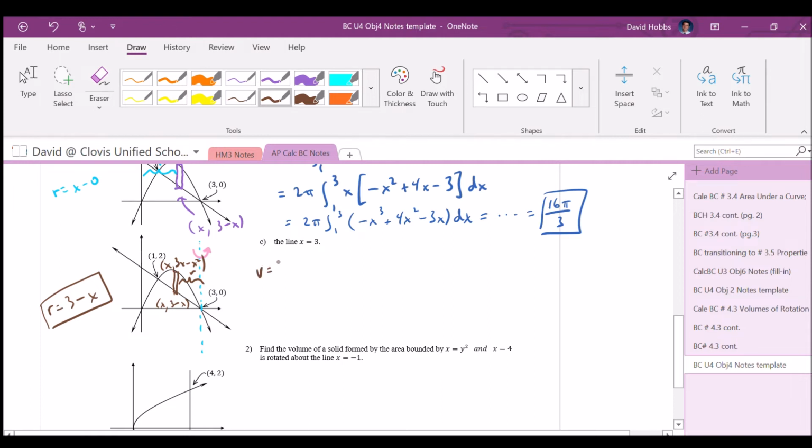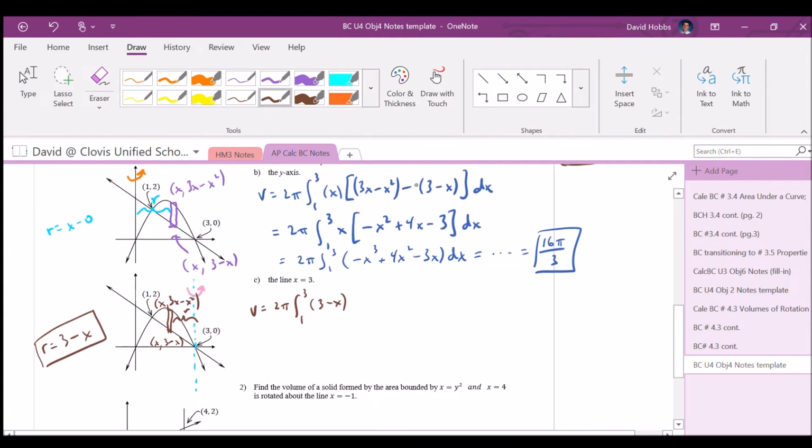So volume is 2 pi, and the limits of integration still go from 1 to 3 because the rectangles move from small to big in that region, and they're x's, so 1 to 3. And my radius is 3 minus x, we just figured it out. And now the area of the rectangle. Now it's the same area of the rectangle as we just did on the last one. So let's skip past all that and go straight to the negative x squared plus 4x minus 3, and then delta x, which is dx.